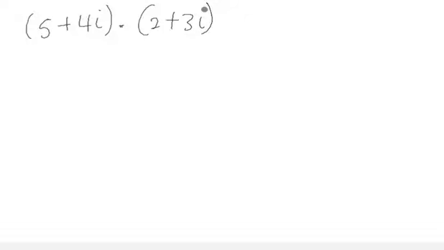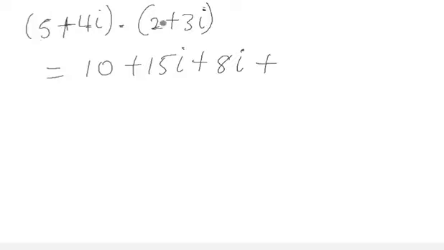We are able to multiply this. So for example, we have to multiply these two complex numbers. I want you to pause this video now and try it out on your own. You can multiply these two complex numbers together. Okay, so now we are back. 5 times 2 gives us 10, plus 5 times 3i, that's 15i, plus 4i times 2, that's 8i, plus 4i times 3i, that's 12i squared.